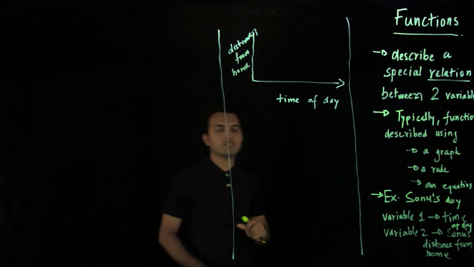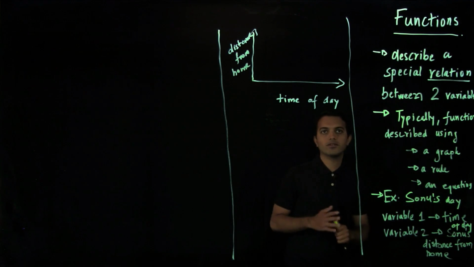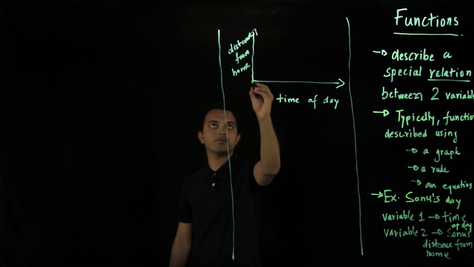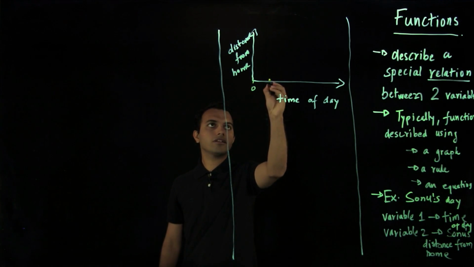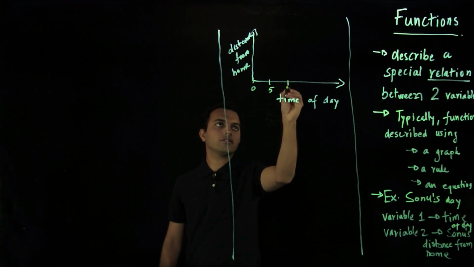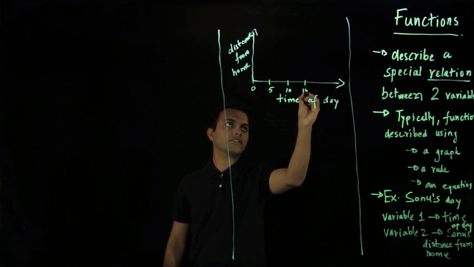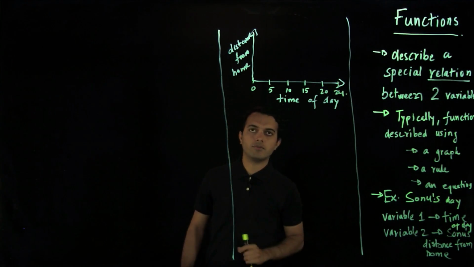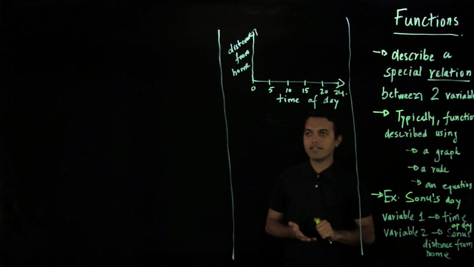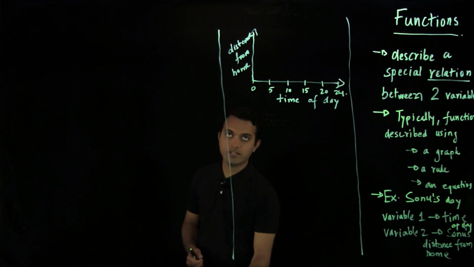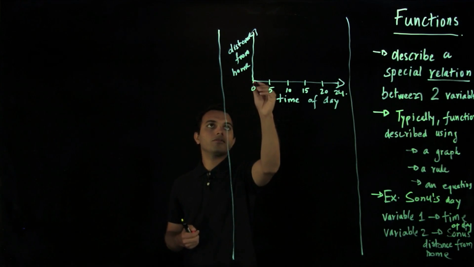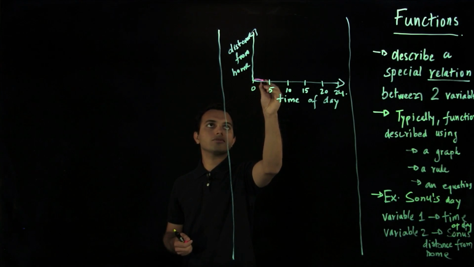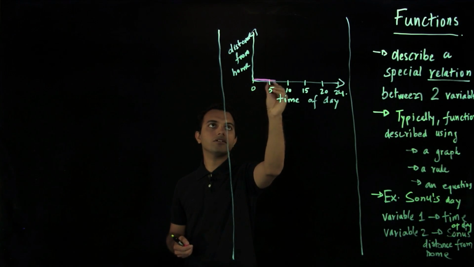So we'll count time from midnight, so 0, in 24-hour format. So 0, then let's say 5, 10, 15, 20 and 24, because the day has 24 hours. And then we want to figure out how the day went. So in the morning, Sonu was at home till 6 o'clock.